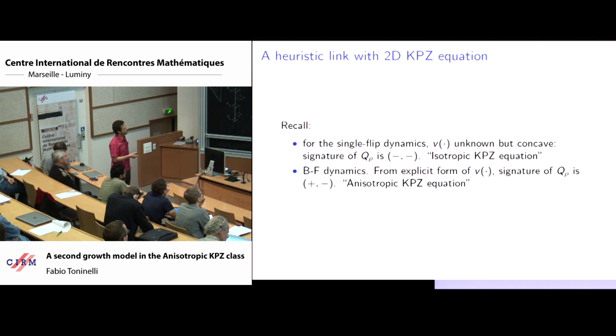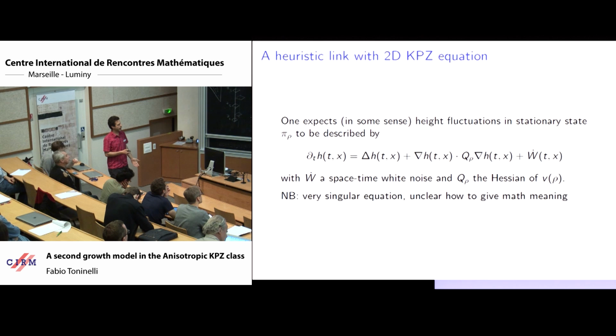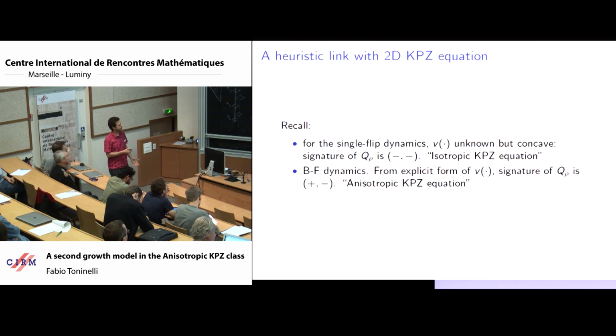When the matrix Q has a signature of constant type, with 2 eigenvalues of the same sign, plus plus or minus minus, one refers to this equation as the isotropic KPZ equation. When the signature is mixed, one refers to it as an anisotropic KPZ equation. This of course depends on the convexity properties of V, because Q is just the Hessian of V.